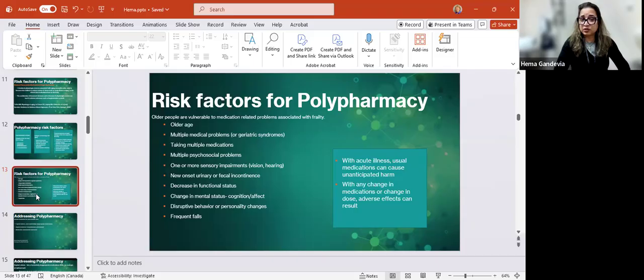And then the frailty comes with older age, multiple medical problems or geriatric syndromes, and they're taking multiple medications, multiple psychosocial problems, and then they could have some sensory impairment like vision, hearing, etc. And then new onset of urinary or fecal incontinence, there's decrease in functional status for these patients. There could be a change in mental status, which is cognition, affect. There are frequent falls, and there could be some disruptive behavior or personality changes that comes with age, dementia, etc.